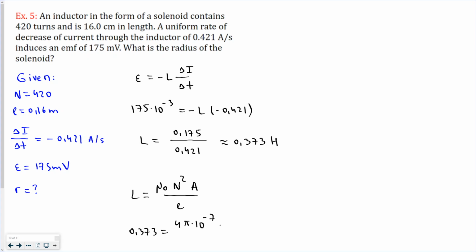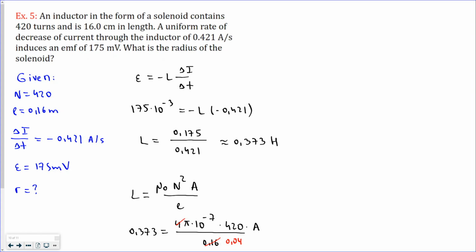Number of turns is 420, area we are going to find, over the length, which is 0.16. So what we have here, 0.16 and 4 can be cancelled out, it is 0.04.